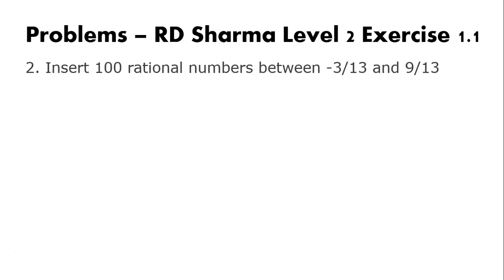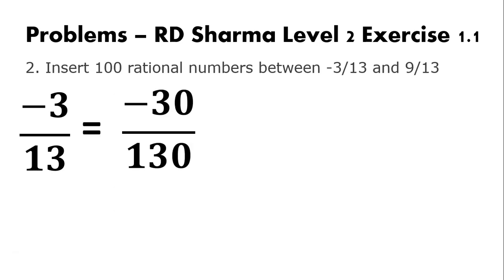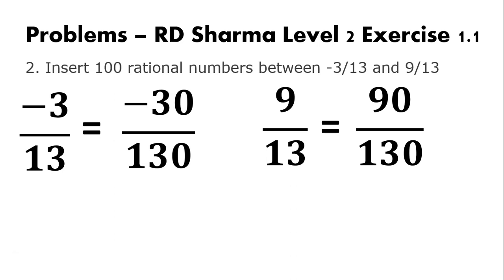So second problem, insert 100 rational numbers between minus 3 by 13 and 9 by 13. So to solve this, we can write minus 3 by 13 and we can expand it to minus 30 by 130. And 9 by 13, we can use the same LCM and write it as 90 by 130.